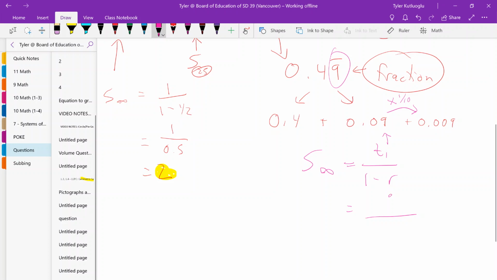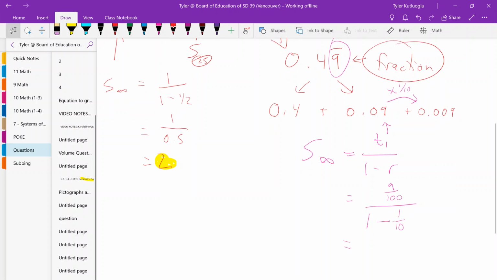So this is 9 over 100, right? Because that's two decimal places. 1 minus, and then what's our ratio is 1/10. So 1 over 10. Okay. Then we're going to actually do the math and deal with it. So 9 over 100 over 1 minus 1/10, which is the same as 9/10.